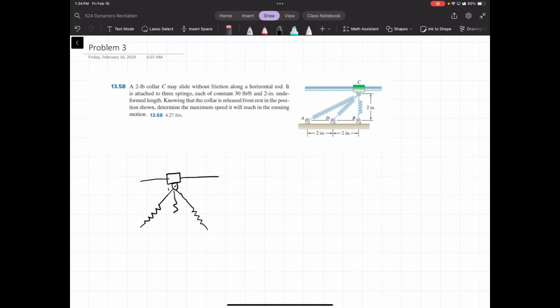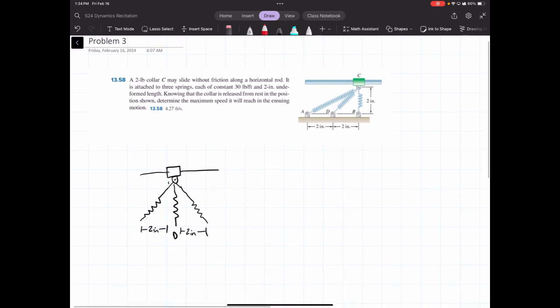So if our middle spring is unstretched, it is directly over point D. That means, and because these 2 are evenly spaced from the middle point, that means they're going to be at this very instant acting in different x directions.